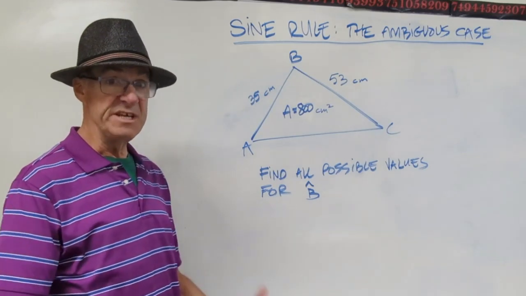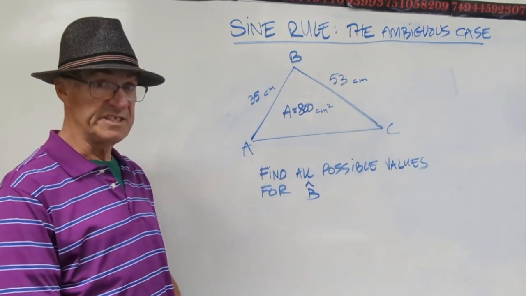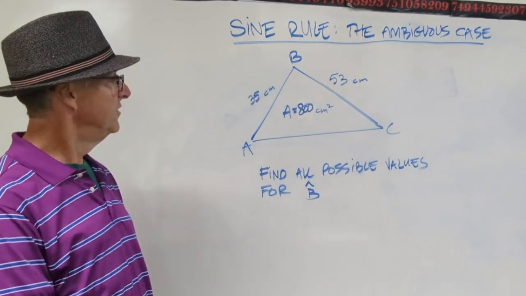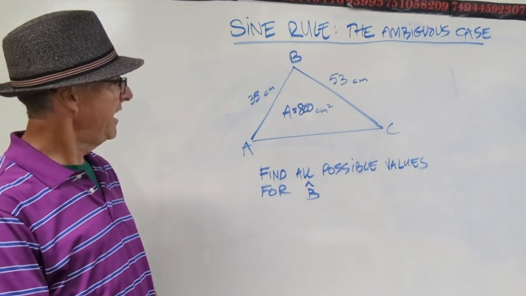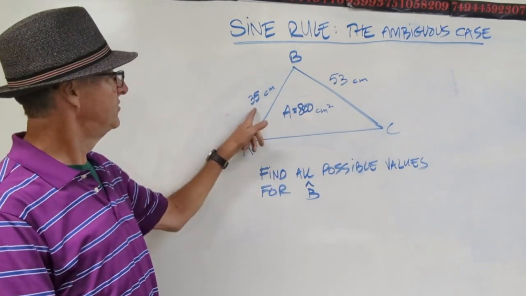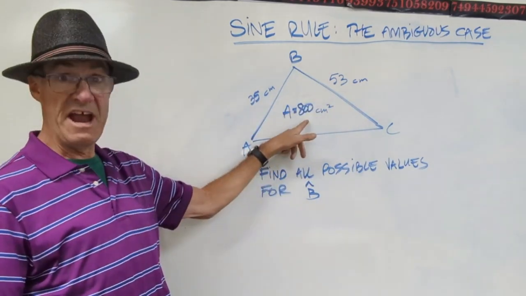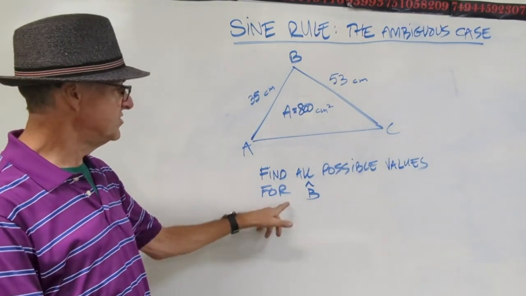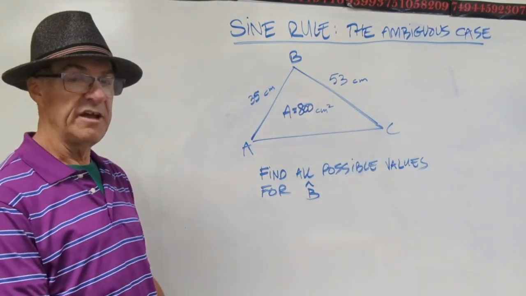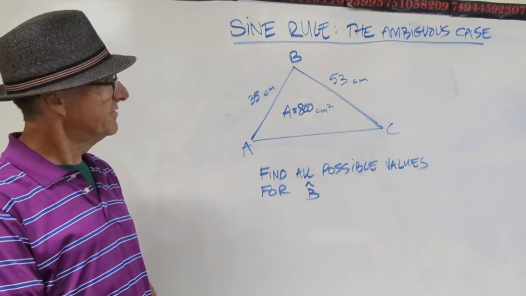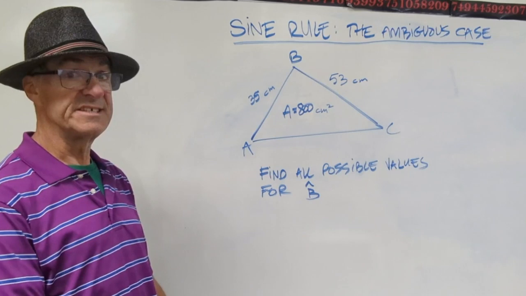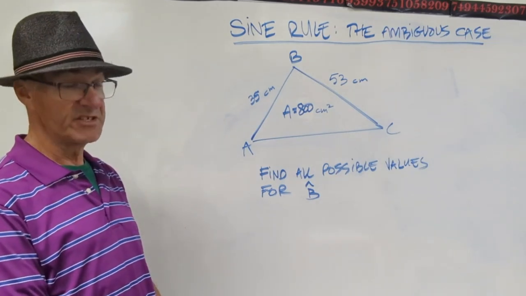All right, here's an IB type question that you might see where you'll need to use this ambiguous case idea. So we've drawn a triangle here, and we're giving you some information. Two sides are here. We know the area, and we want to find the measure of angle B. Technically, this is a triangle area formula problem, but we end up with the same situation using the sine function.